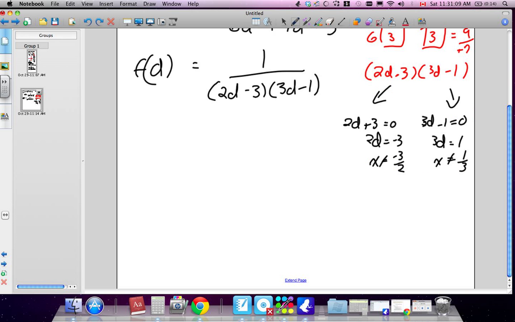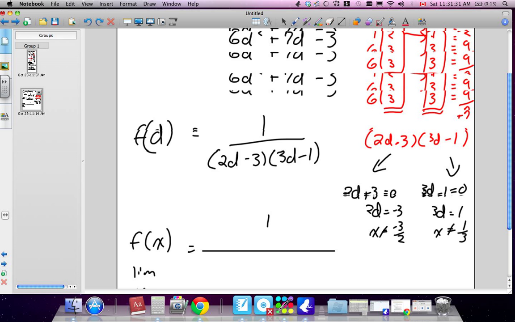Let's also try to find our horizontal asymptote. Okay, so we found our vertical asymptotes. Horizontal asymptote. F at x, I'm going to change it to x now, and the limit of x approaching infinity. So we're changing all the d's to x's. Okay? We're going to divide every term by our highest variable, and that would be in our other one.